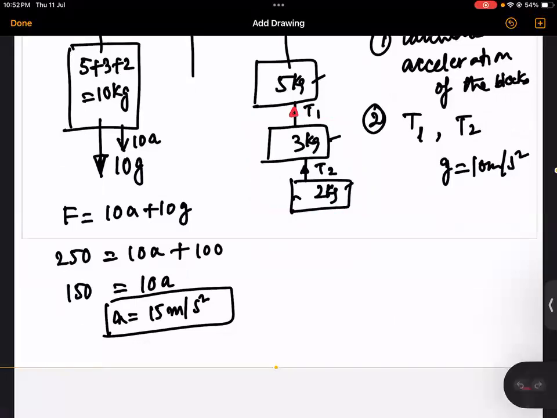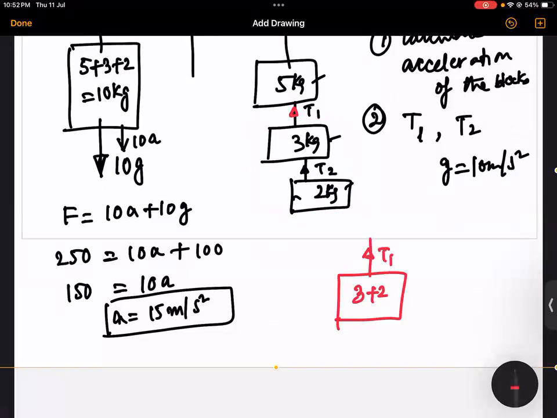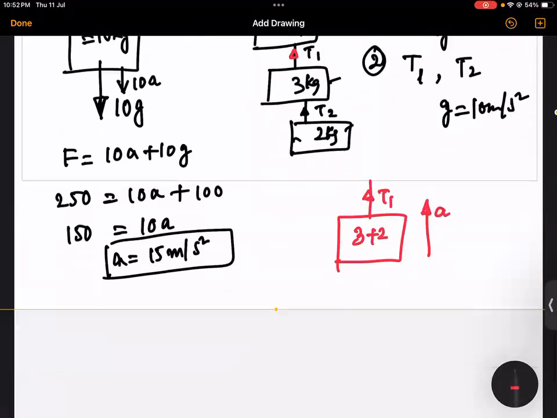I will take these two masses as 3 plus 2 kg, and this is the tension T1. The entire system is going up with an acceleration A. So in the downward direction, the total force acting is 3 plus 2, 5G.